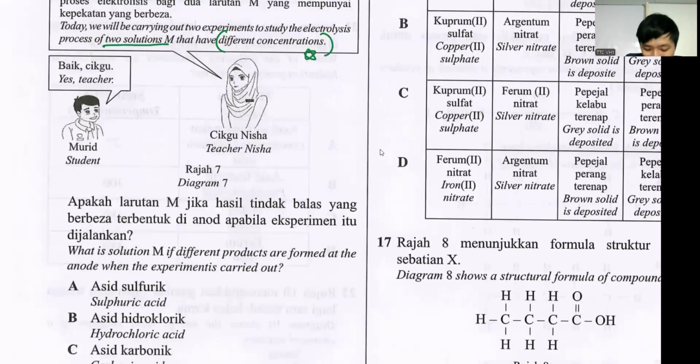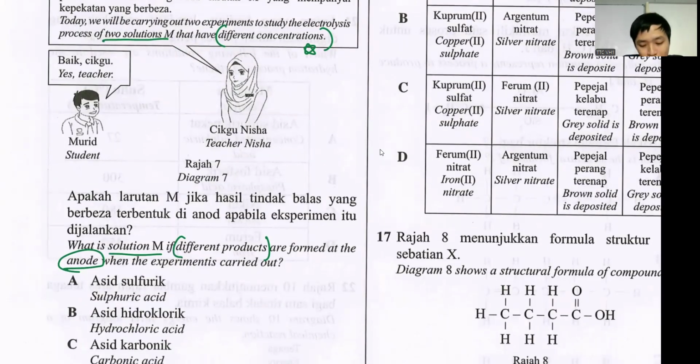Question 50 is like this, okay? What is solution M, if different products are found at the anode when the experiment is carried out? So you have two solution M, basically very simple. Two solution M, different concentration.